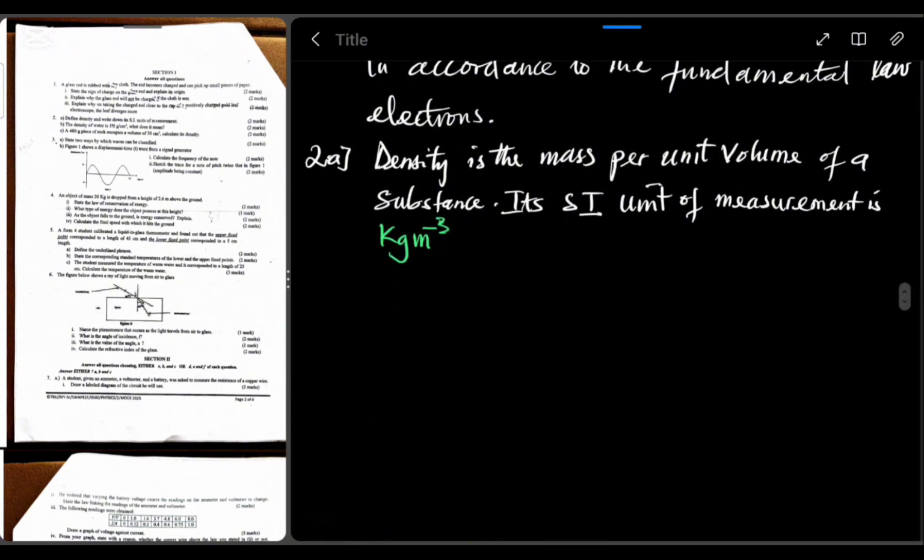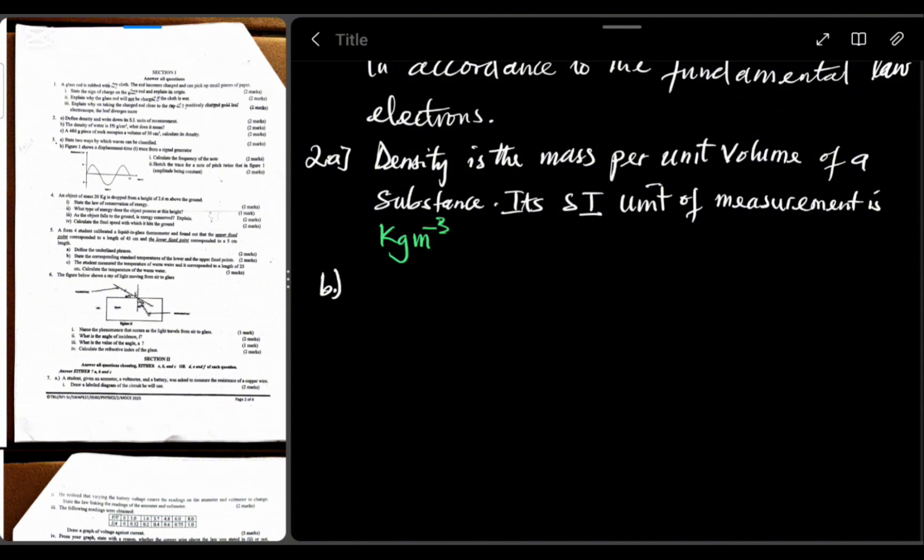Now B, in B, we have been told the density of water is 1.0 gram per cm cube. What does this mean? Normally we are talking about 1 gram per cm cube. It means that the mass of 1 gram of water occupies a volume of 1 cm cube. Okay, so if we should take 1 cm cube of water and we measure the mass of that 1 cm cube, that will be equivalent to 1 gram.